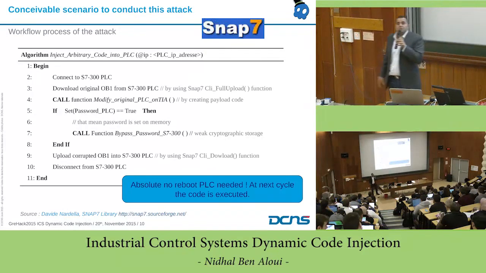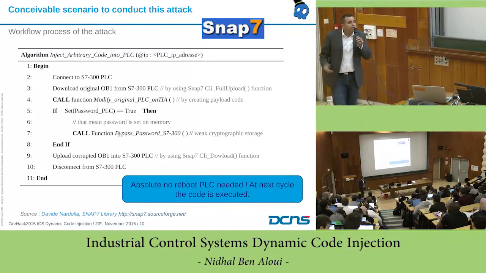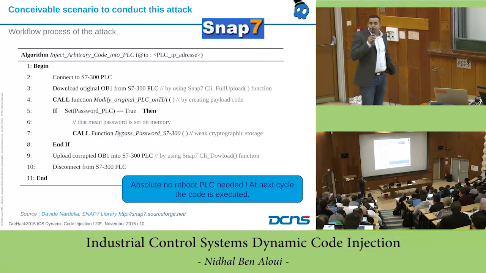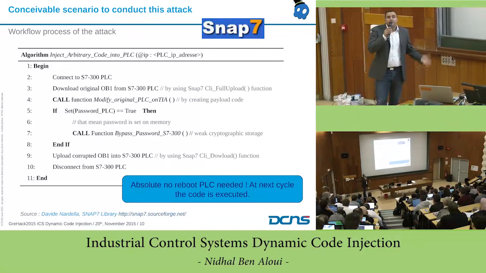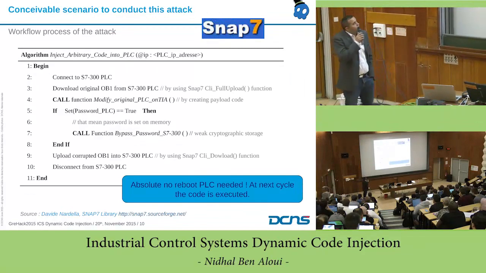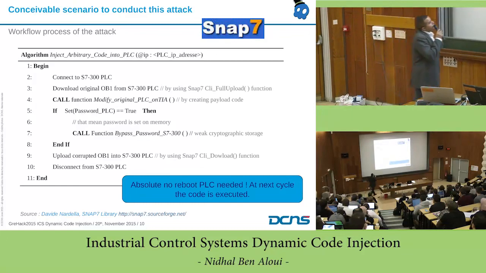We modify the payload. For example, we change the sense of a value, or we add a network in the source code to indicate false information on the HMI supervision, like what was done in Stuxnet.